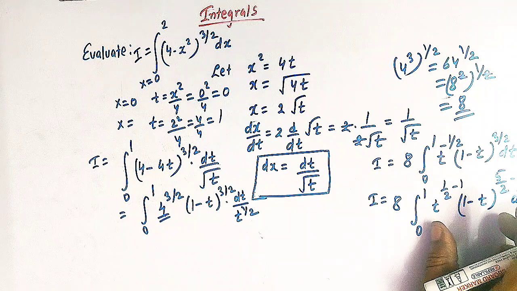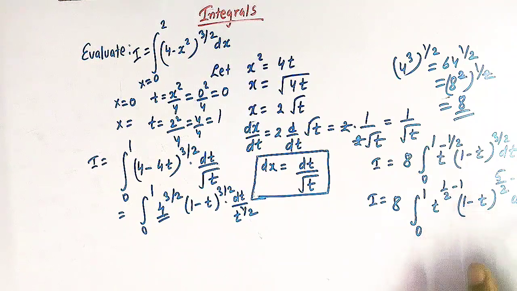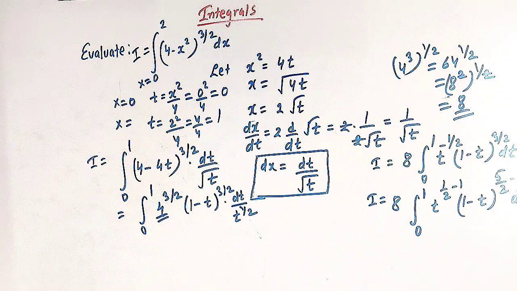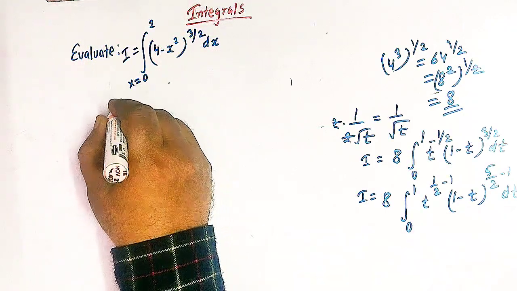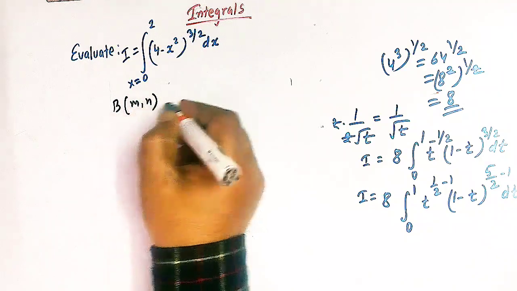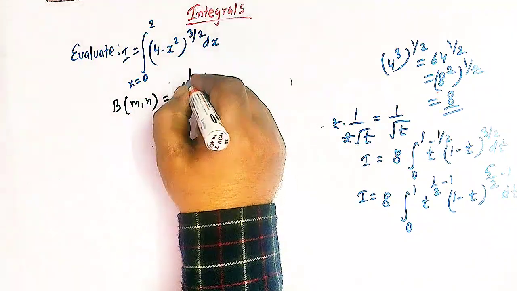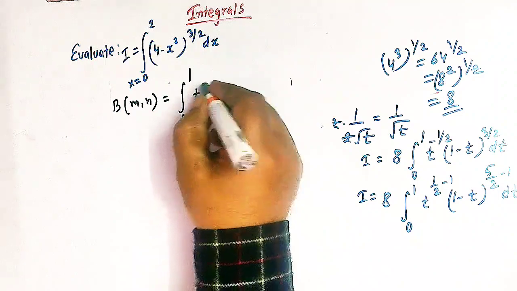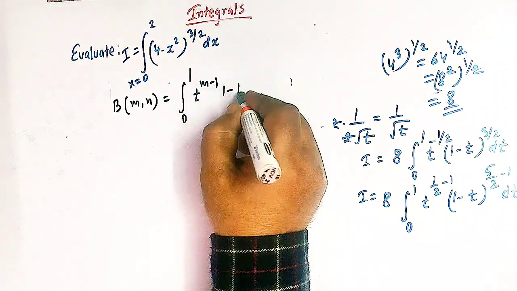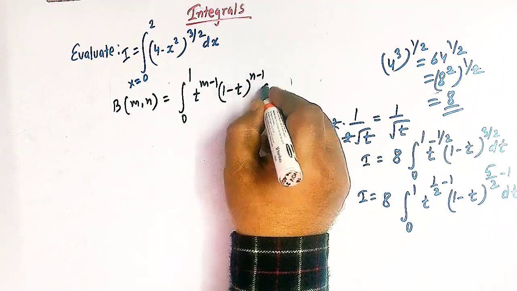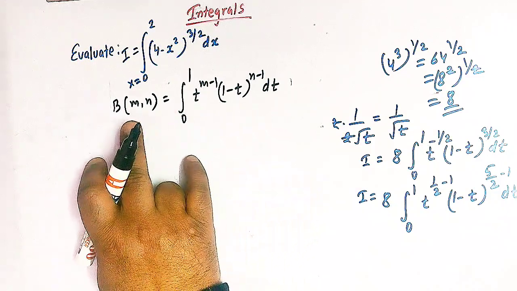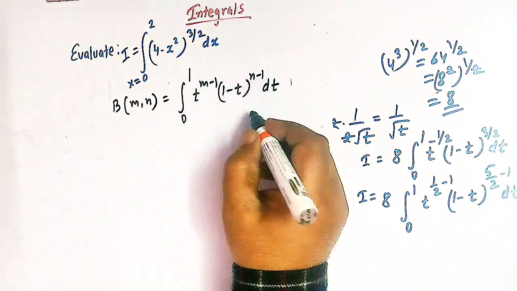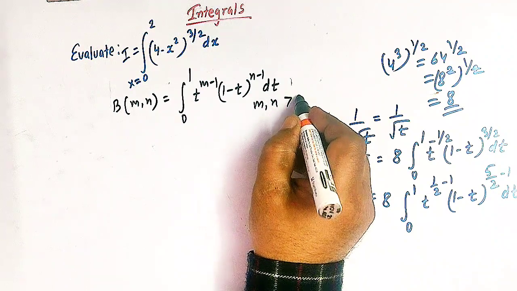So now we have converted this integral into the beta function. From the definition of beta function, we know that beta m comma n is given by the integral from 0 to 1 of t raised to m minus 1, (1 minus t) raised to n minus 1 dt. This is the famous Euler's integral, also known as the beta function, and here m and n are greater than 0.